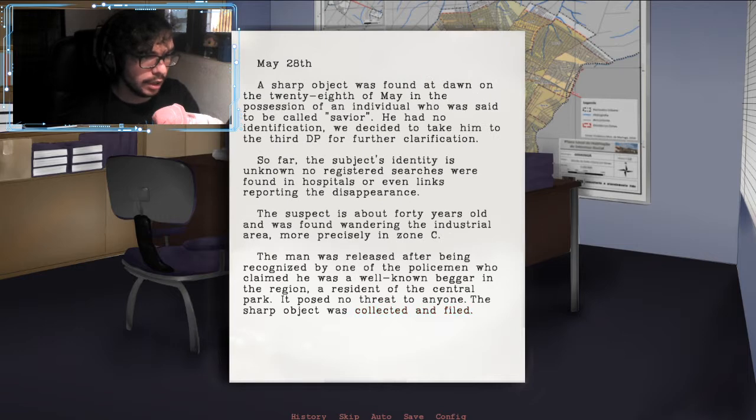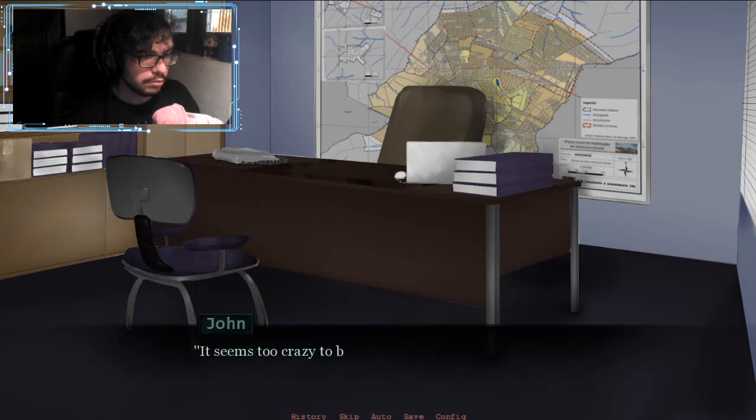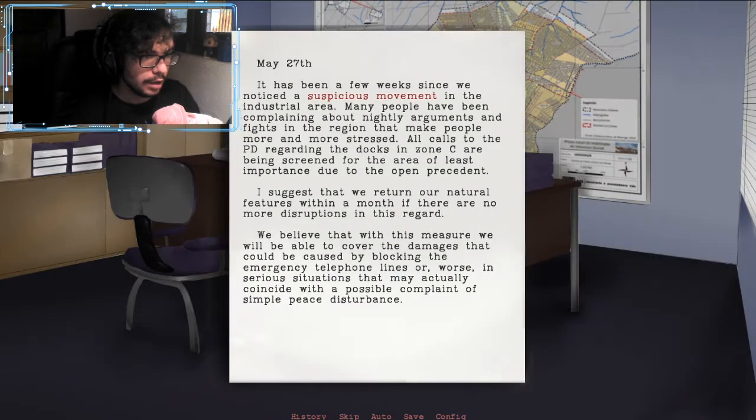Click on file. I have no idea what the fuck I'm doing. I don't know. I haven't the faintest clue.